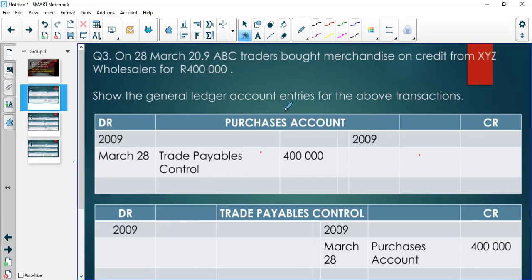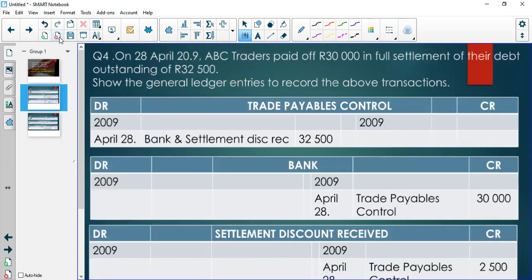Maybe they were saying the entity uses a periodic inventory system, and I didn't see it. So if the entity uses a periodic inventory system, this would be correct. But if the entity uses a perpetual, then this account would be the inventory. And of course, trade payables control is what we owe. We owe 400,000 for inventory or for purchases. That's how we construct the general ledger account.